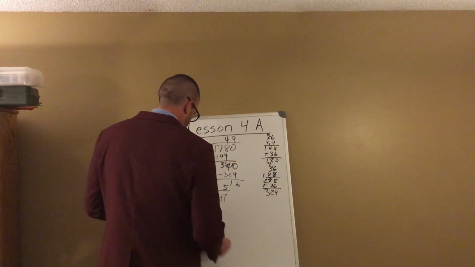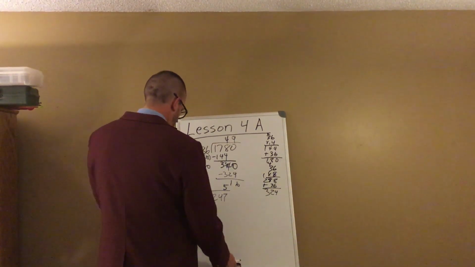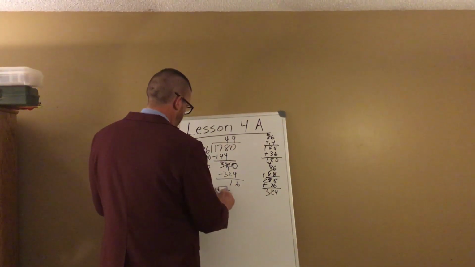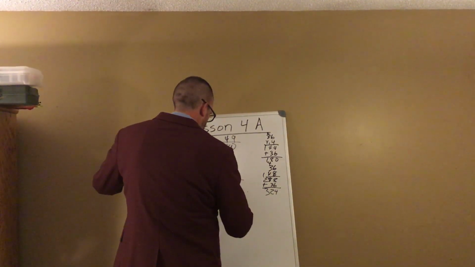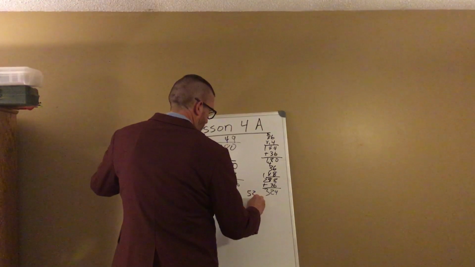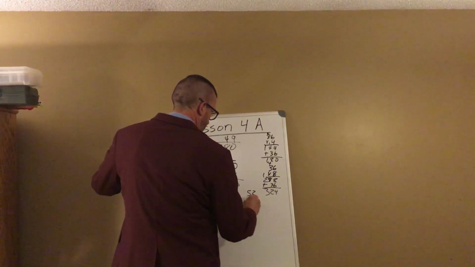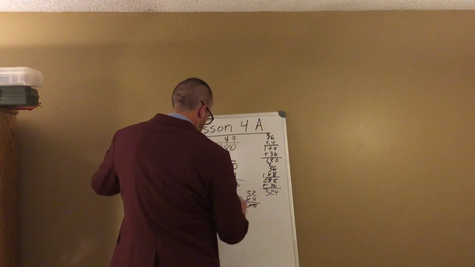Can't do it, can we? No, 5 times 50 is 250. We're going to have to go 4. 4 times 52, 8, 208.